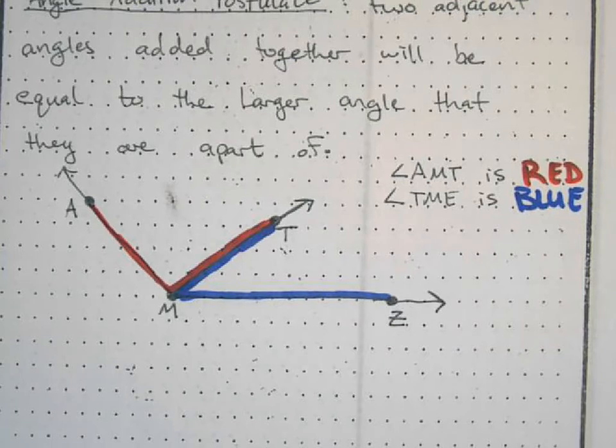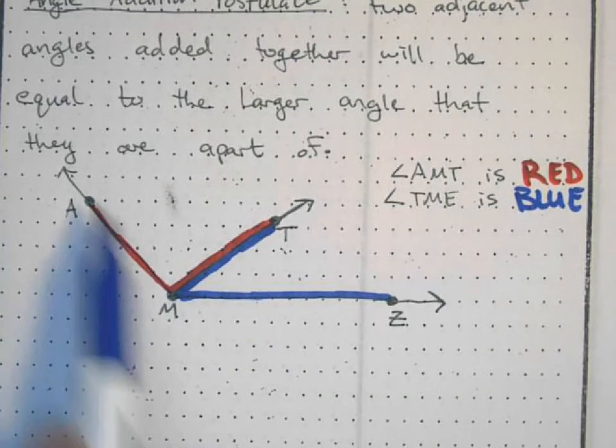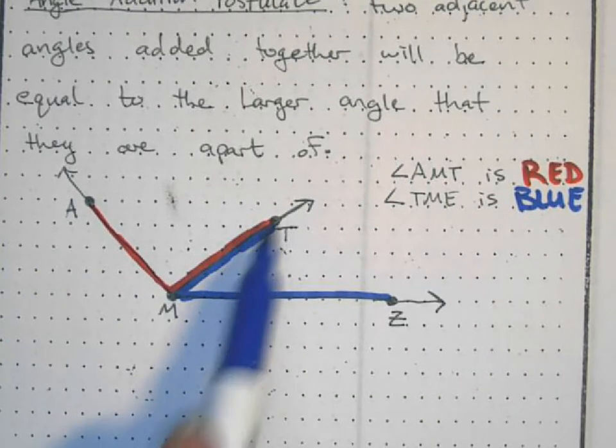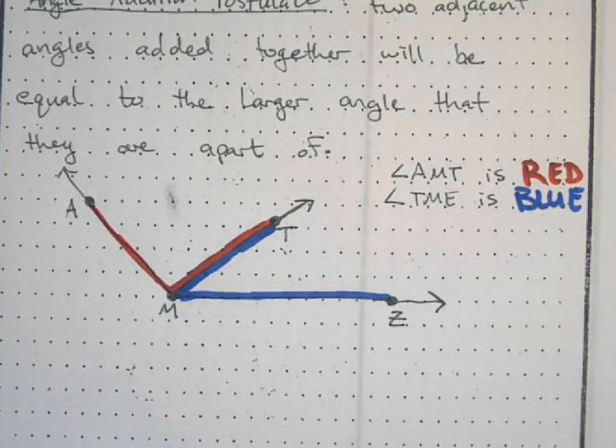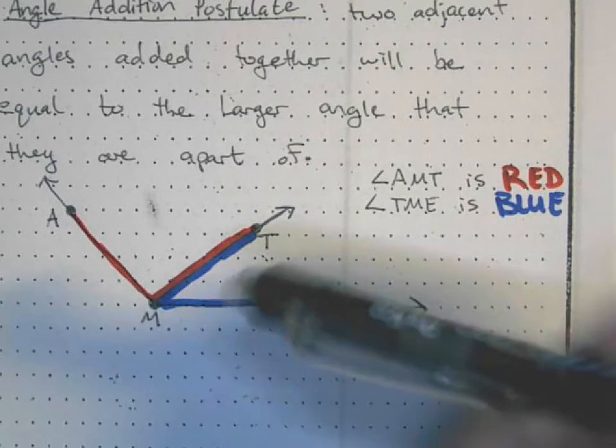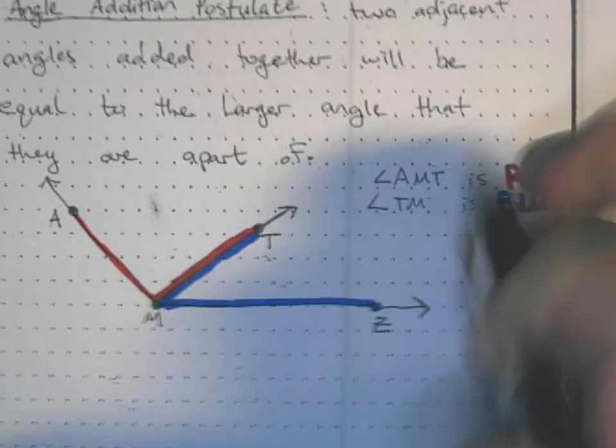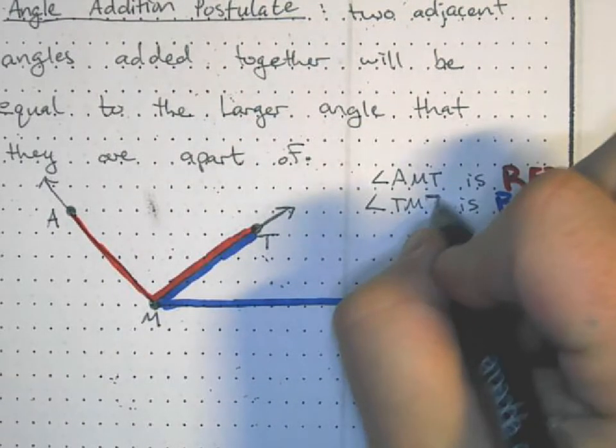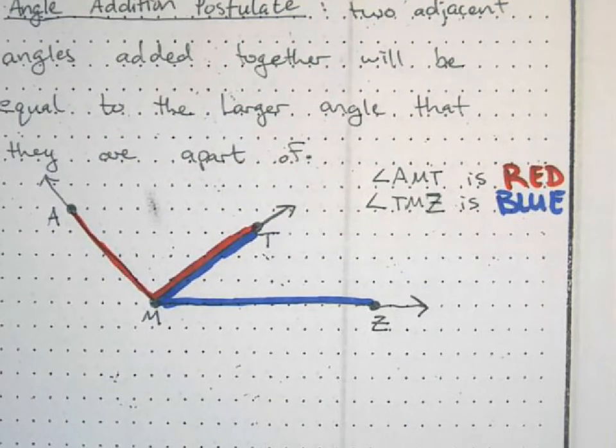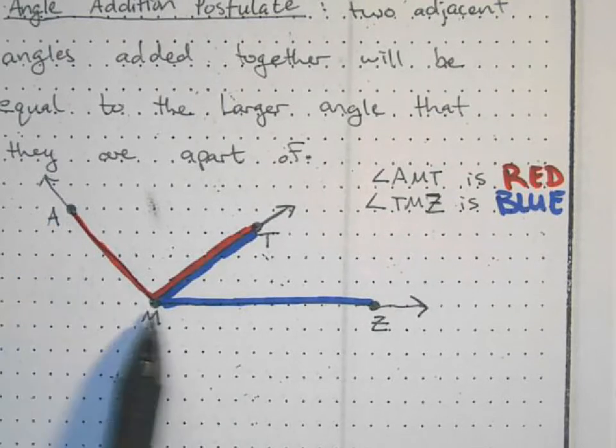So the idea is if I add these two together, AMT plus TMZ, it's a Z, not an E. If I add those together, I'll get the whole angle, AMZ.